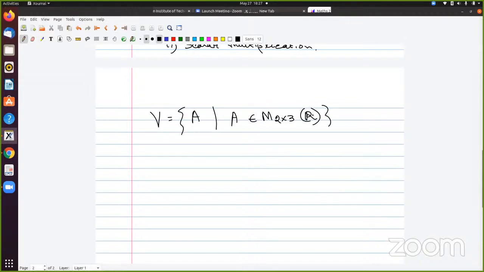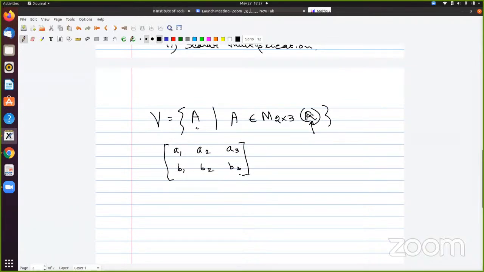The elements which we are taking are real numbers. Each element of this set will look like, it is a 2 cross 3 matrix, that means 2 rows and 3 columns. So a1, a2, a3, b1, b2, b3, like this.